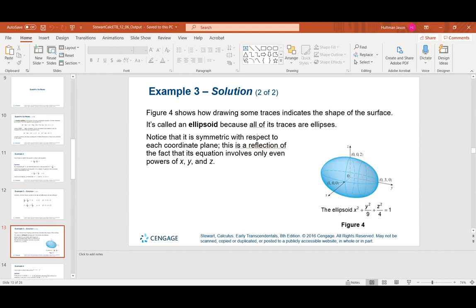You notice that it's symmetric with respect to each coordinate plane. This is a reflection of the fact that the equation involves only even powers of X, Y, and Z. You get mirror images here. So we're going to graph this bad boy and see what happens.